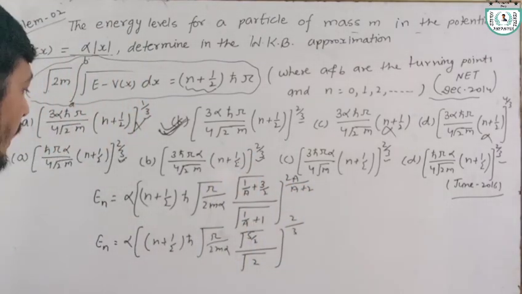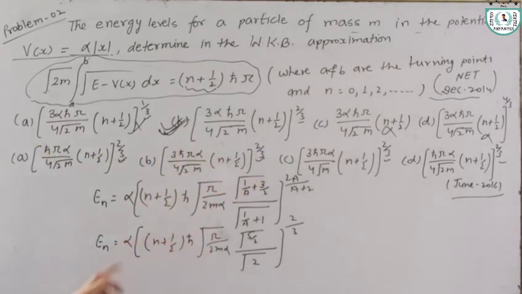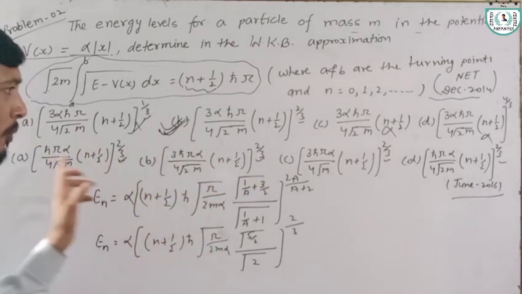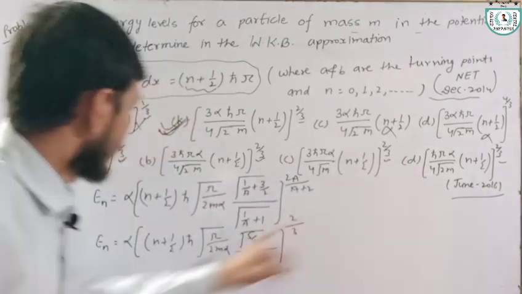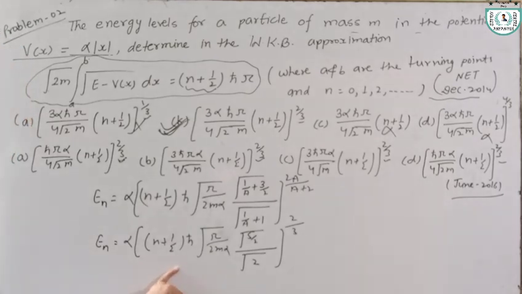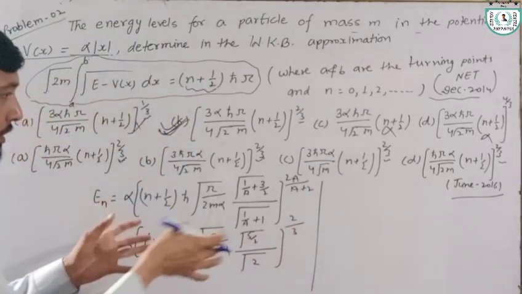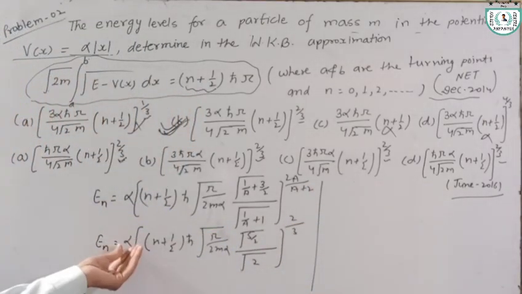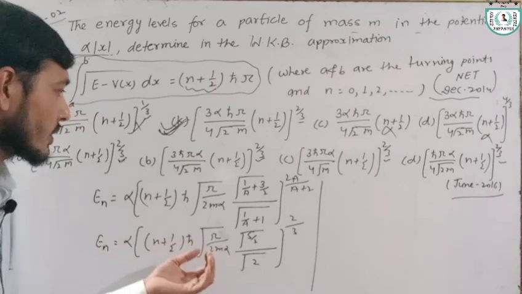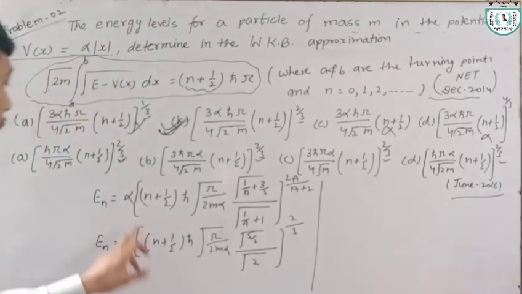Okay. Now we will solve this for the options. In every option we will see that the alpha is inside the bracket. So we will take alpha inside. After taking alpha inside, the power of alpha will be 3 by 2.